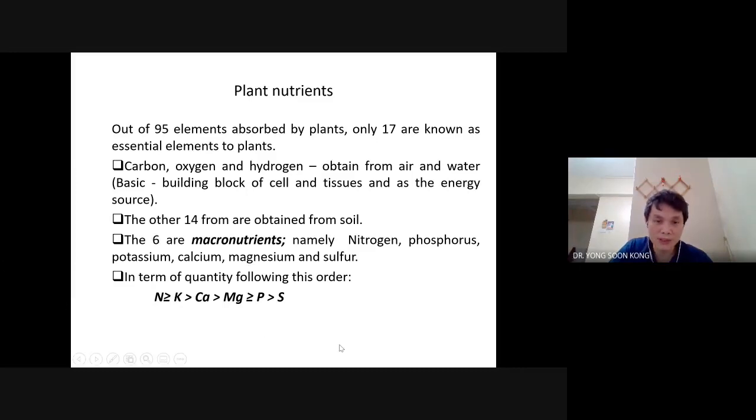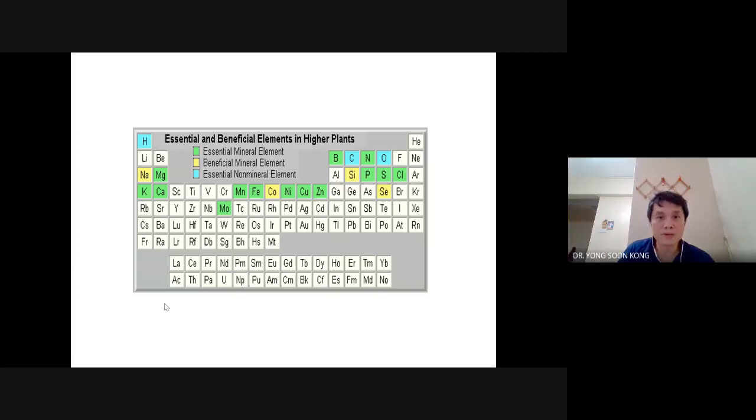Now, in terms of the quantity that is needed, there's no doubt nitrogen is still on the top. Because again, nitrogen is primarily involved in protein formation, so the enzymes, and occasionally the structure may also contain a significant amount of nitrogen. So those are macronutrients.